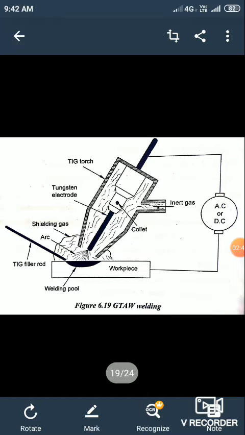The inert gases may be argon, helium, nitrogen, and carbon dioxide. They surround the arc and protect the weld from atmospheric effect, and hence defect free joints are made.